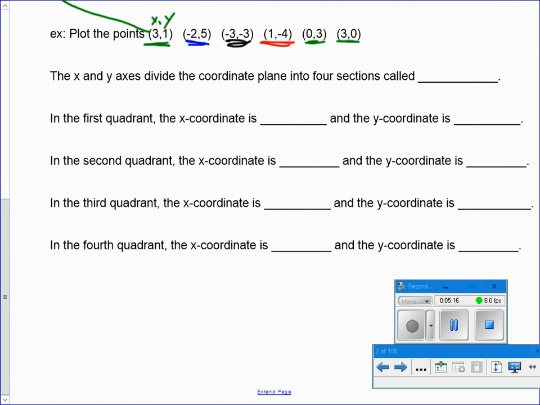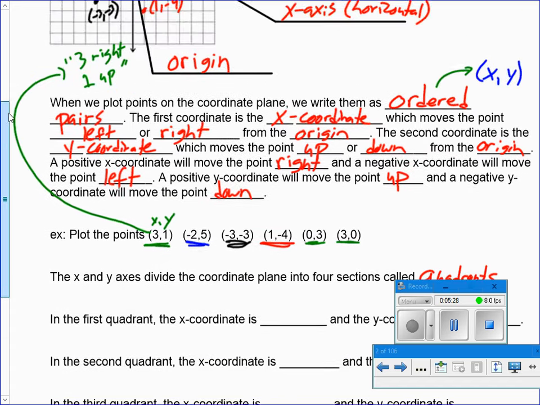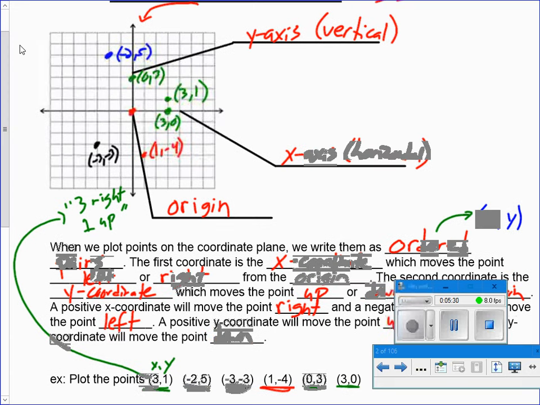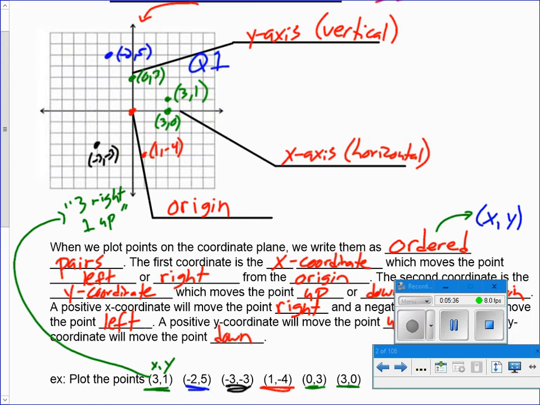So see from the picture, the x and y axes divide the coordinate plane into 4 different sections, and those sections are called quadrants. If we look up here, we can label the quadrants. Starting in the top right, it's quadrant 1, then quadrant 2, quadrant 3, and quadrant 4.